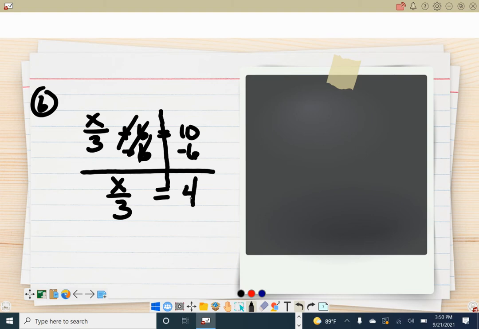X divided by 3 equals 4, times 3. 3 times x is 3x divided by 3 is 1 times x, which is just x, times 3. Whatever I do on one side, I got to do on the other. Canceled. X is equal to 12.